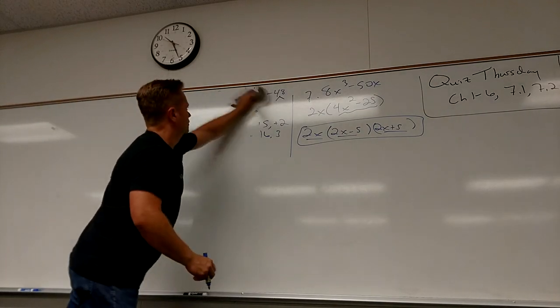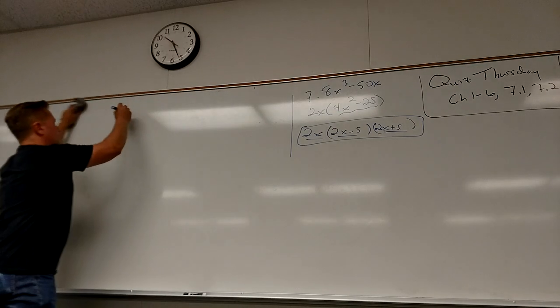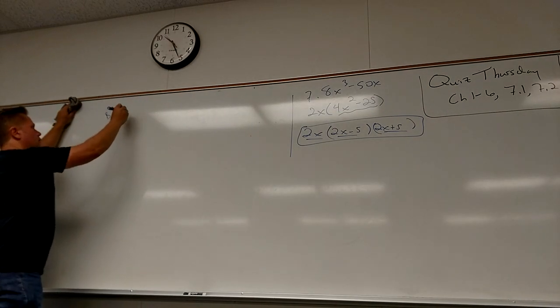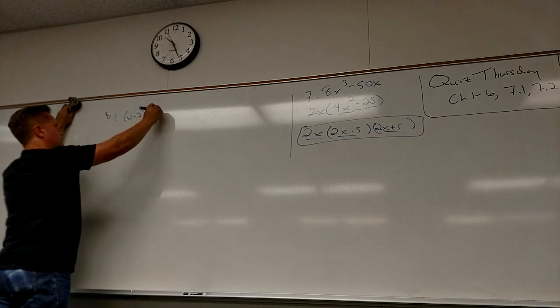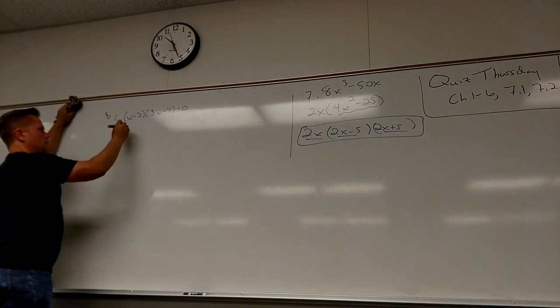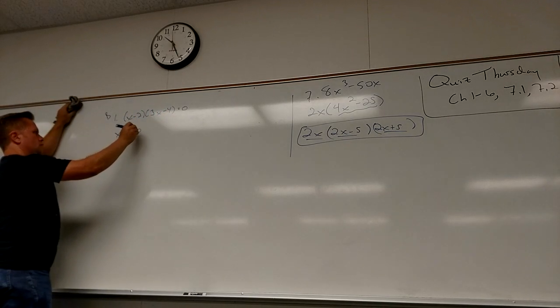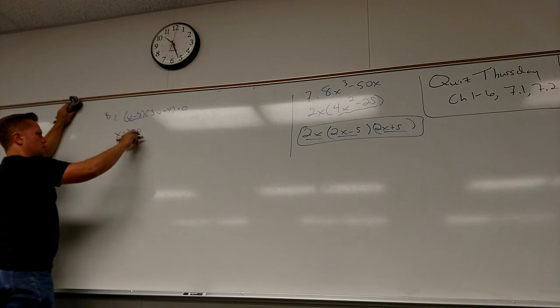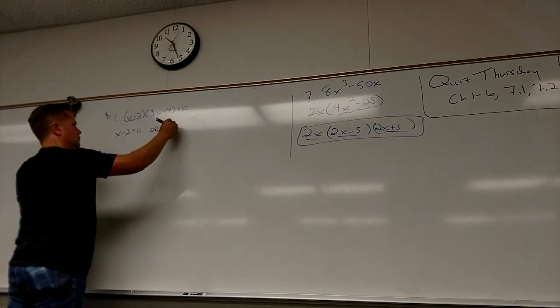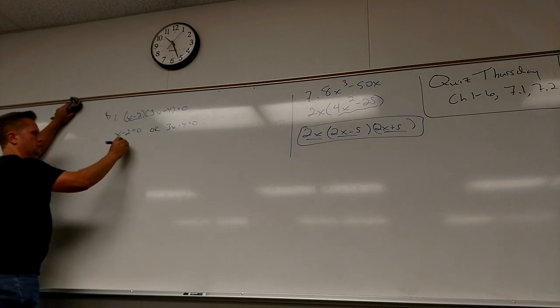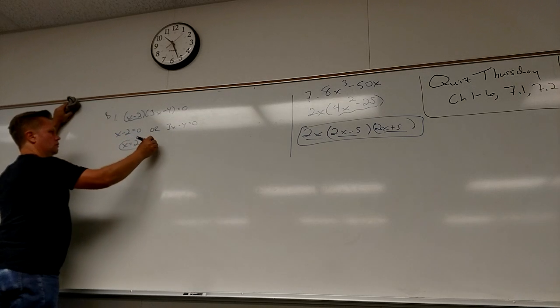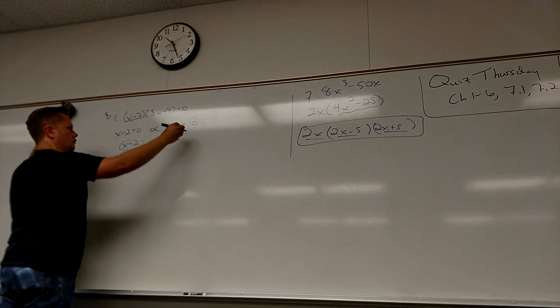So this is B1, x minus 2, 3x minus 4. So either this is 0, or this has got to be 0. So either x is 2, or x is 4/3.